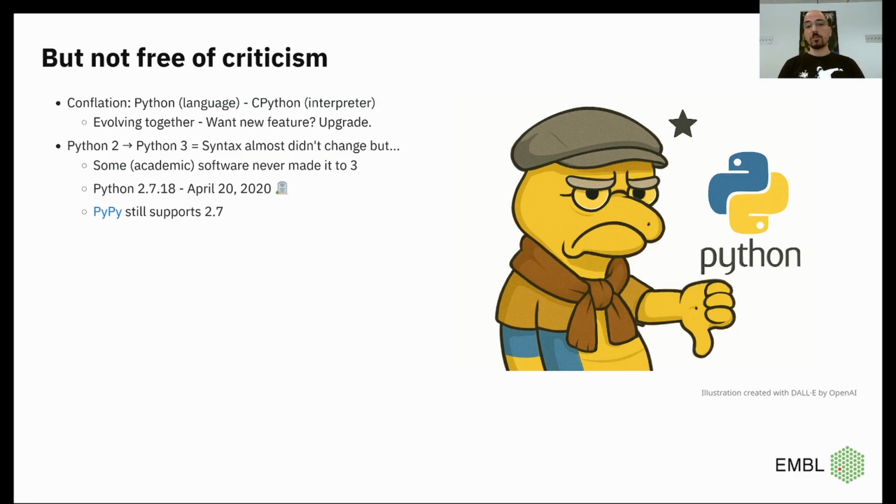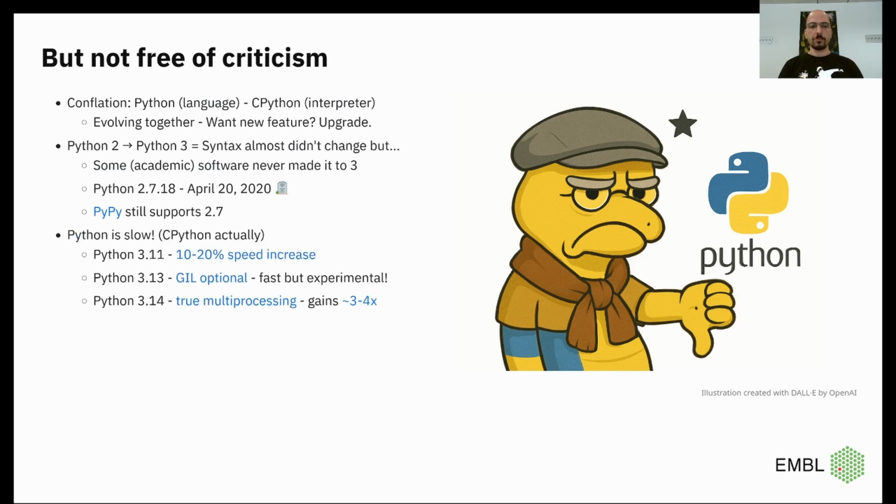And whenever this happens, unfortunately, it was a lot of effort to make a transition of the code bases from 2 to 3, and some of the software never actually made it out of 2. Python 2.7 officially died in 2020, there are already other runtimes like PyPy that still support it.